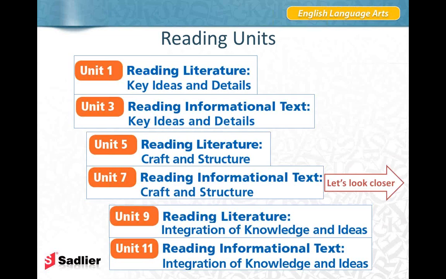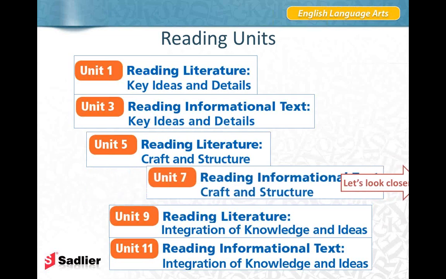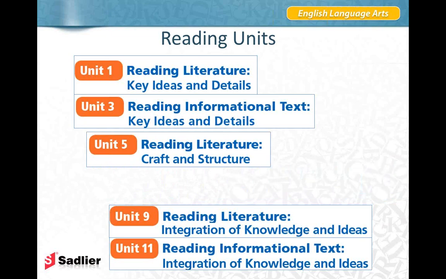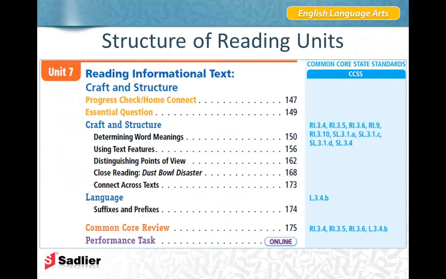So let's take a closer look at one of these units, and you can see how it is set up and how it's formatted. I chose Unit 7 in Grade 3, and you'll see here how we're talking about craft and structure as the topic.